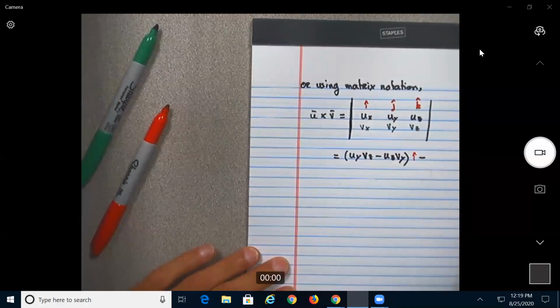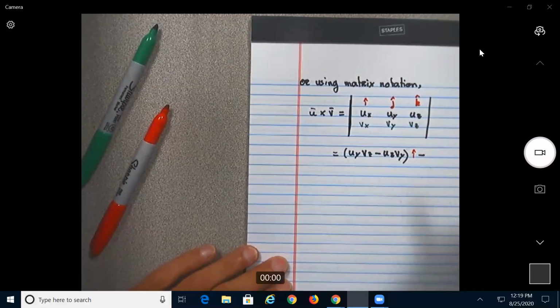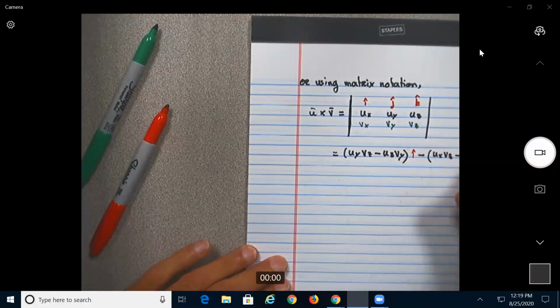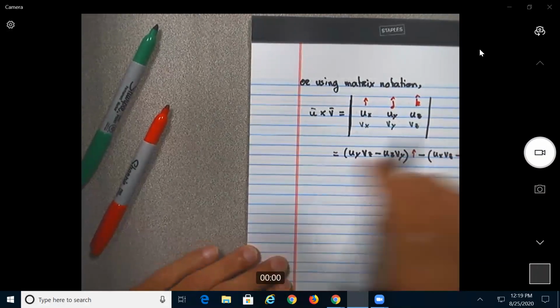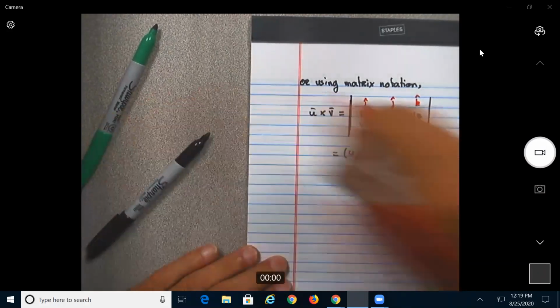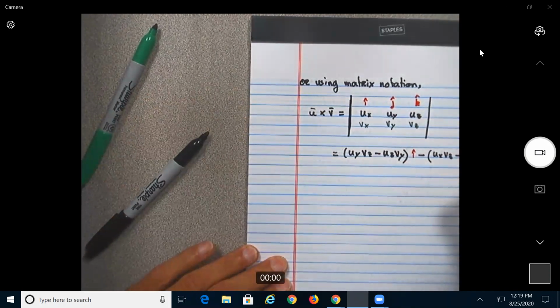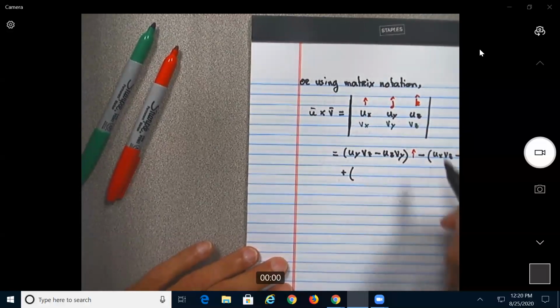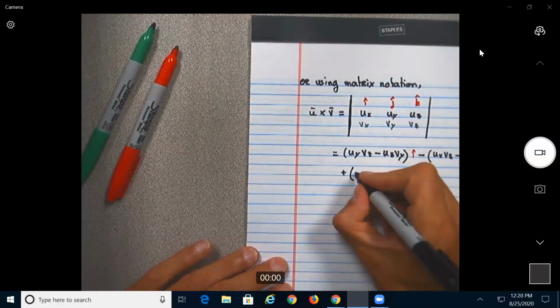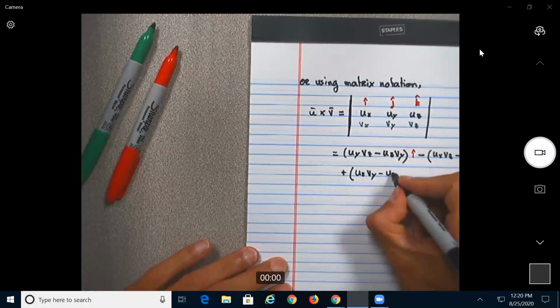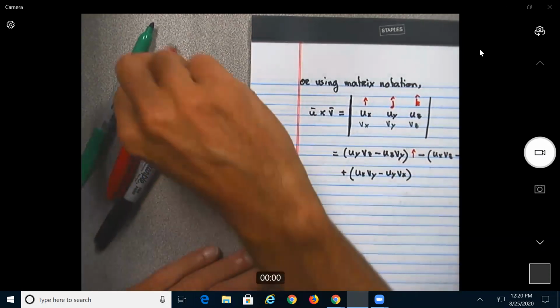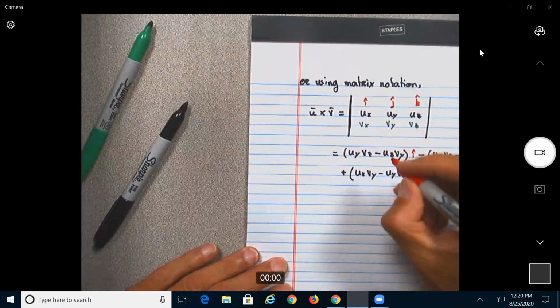So now you will have Ux Vz minus Uz Vx times J. Now you go back to the K, will be positive again, okay? And over here, Ux Vy minus Uy Vx, and this will be the K.